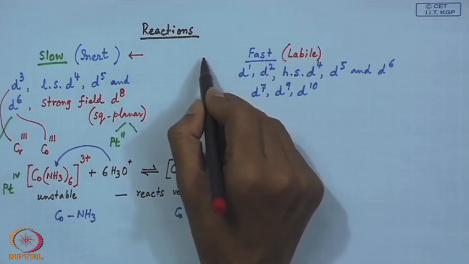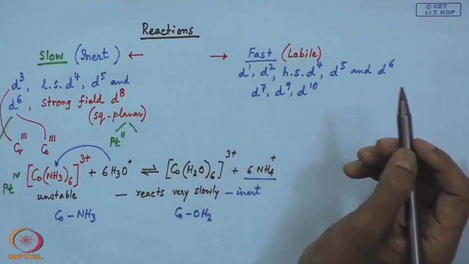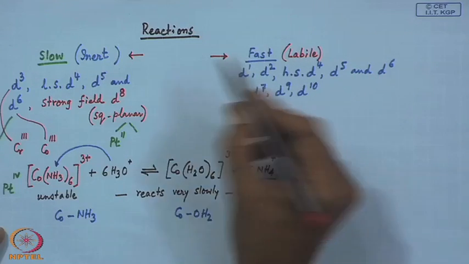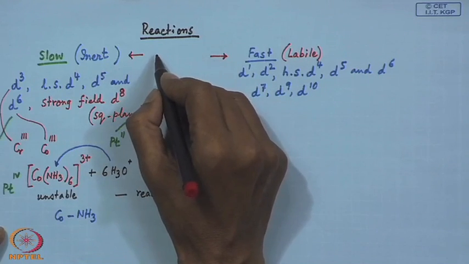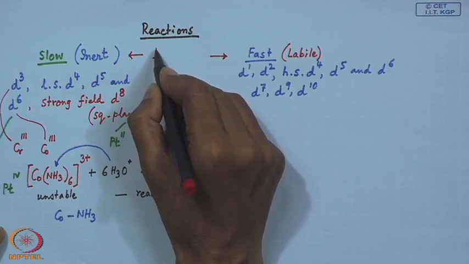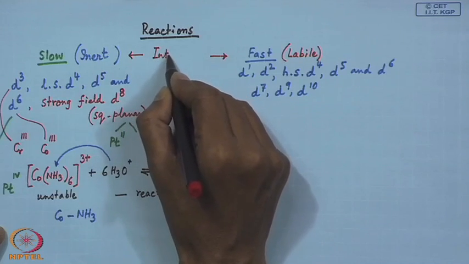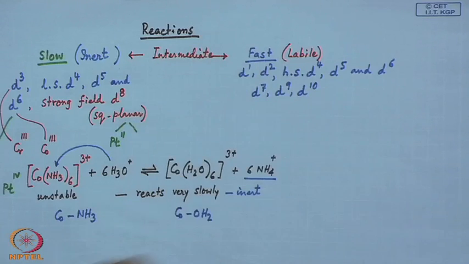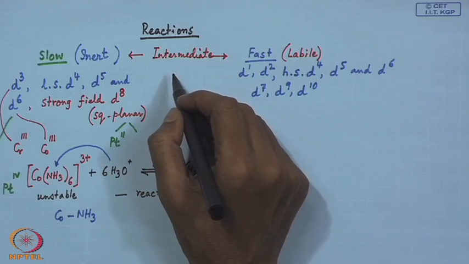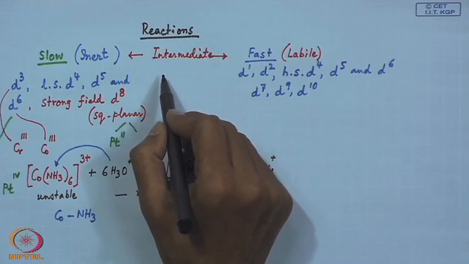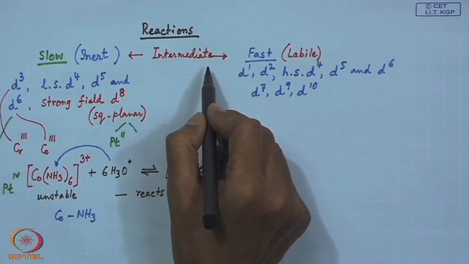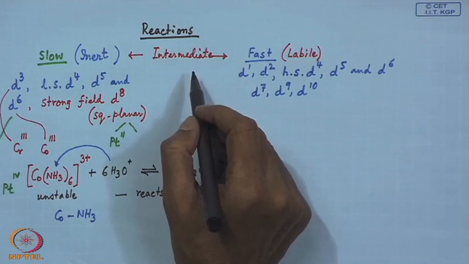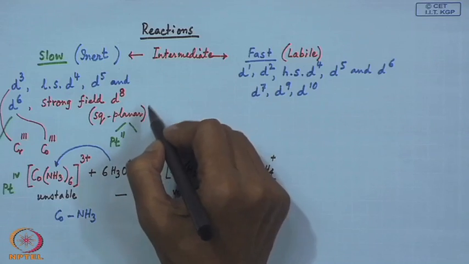One is the slower range and another is the faster reactions, but some of these molecules can also come as intermediate between these two ranges. These are metal complexes which show an intermediate reactivity pattern or reaction rate. Kinetics tells us that it will have an intermediate rate of reaction for ligand substitution reactions.